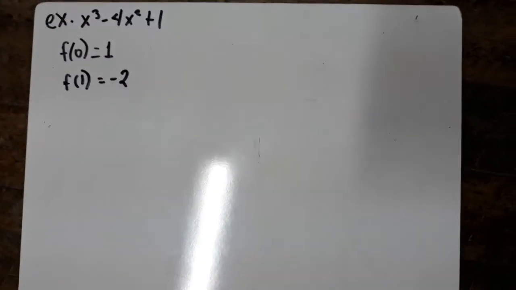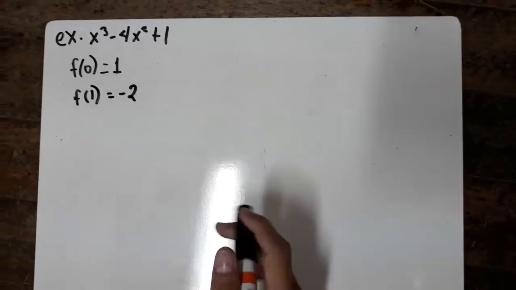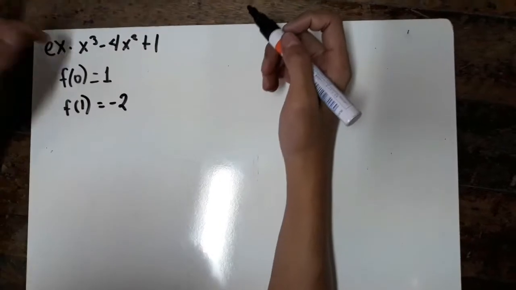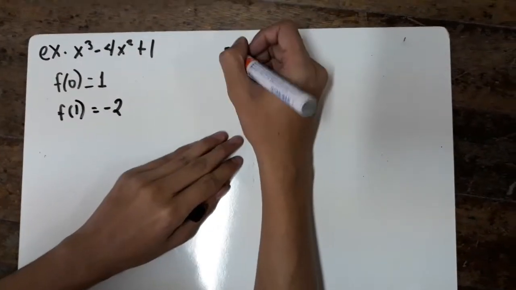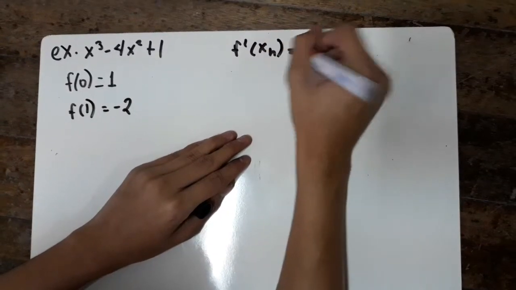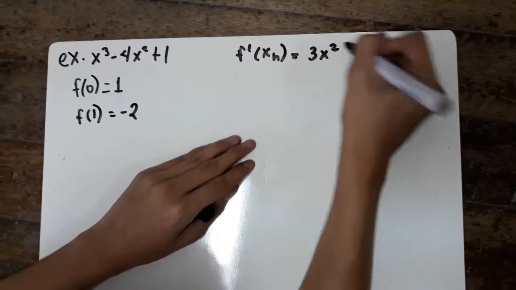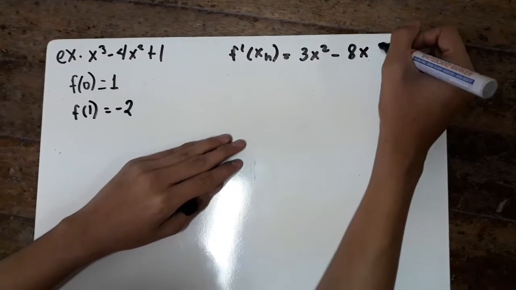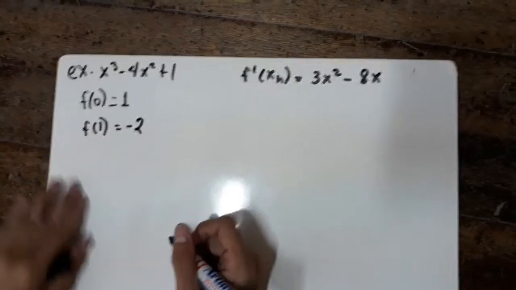So let's compute for at least 4 iterations. Before that, we will need to find the derivative of the function. So f prime of x sub n is equal to 3x squared minus 8x. So let's solve it.